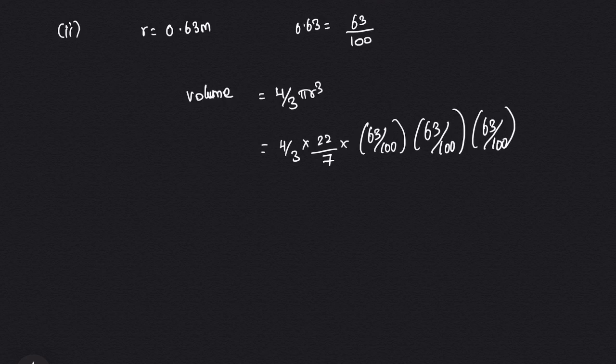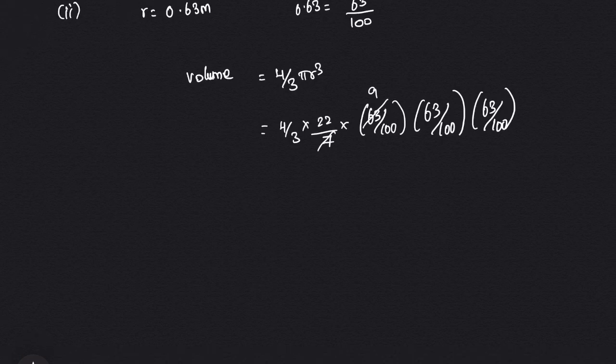So after cancelling, 9 times, then just multiply it. So the final value is 1.0478 meter cube.